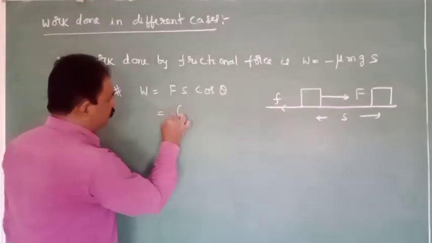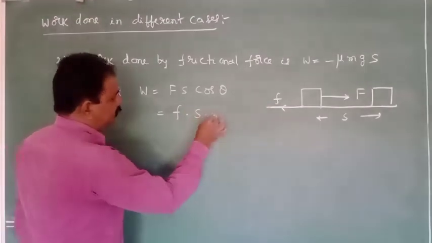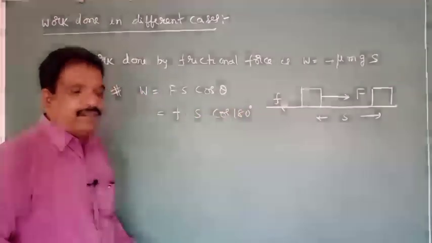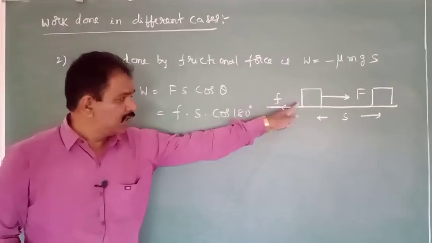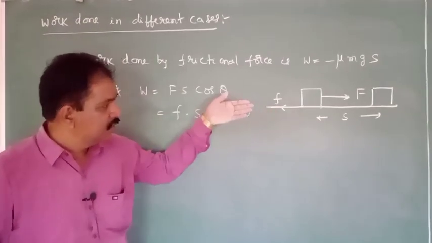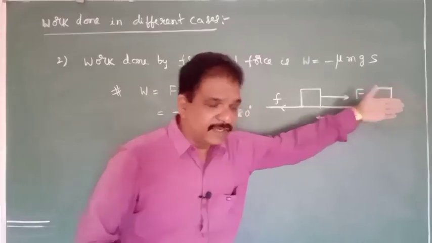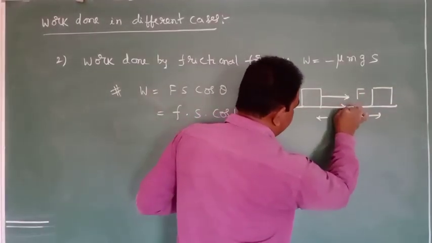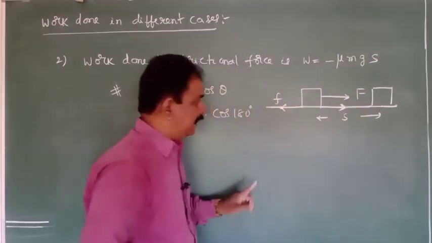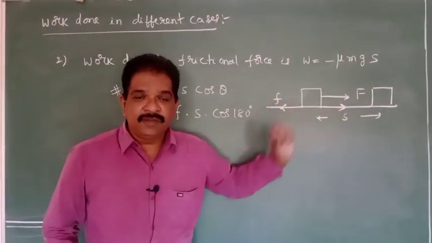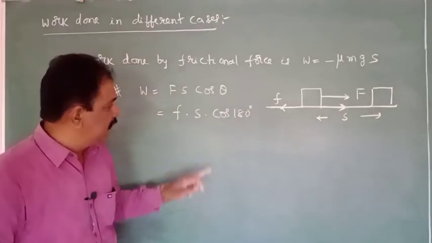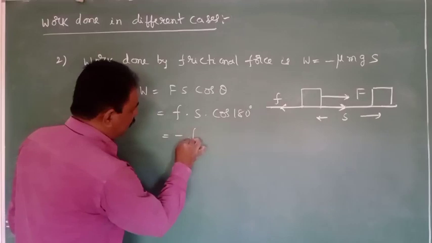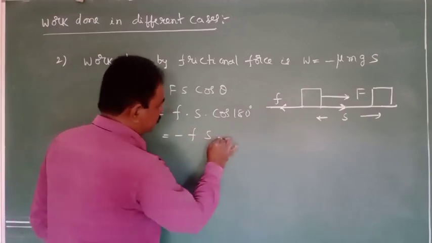Here we take the frictional force. Displacement is S. Frictional force is like this, and the body moves in this direction, so the angle between these two will be 180 degrees. So cos 180 gives -Fs.